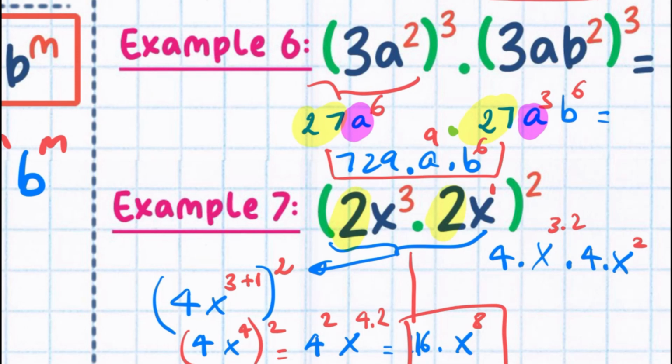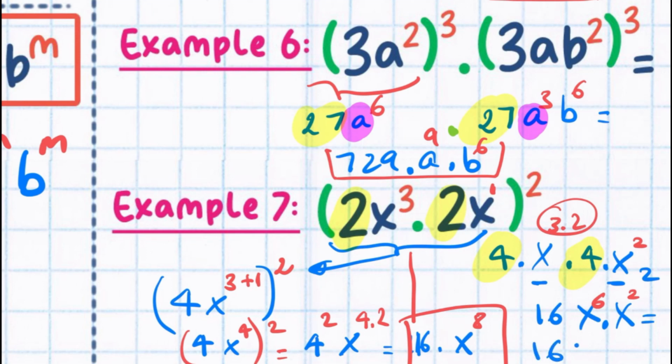So my final answer is, I'm going to multiply those two coefficients, which is 16. So my base is x, and then I have 3 times 2, which is 6, multiplied by x to the power of 2, which is equal to 16x. 6 plus 2 equals 16x to the power of 8, which is the same answer as this one.